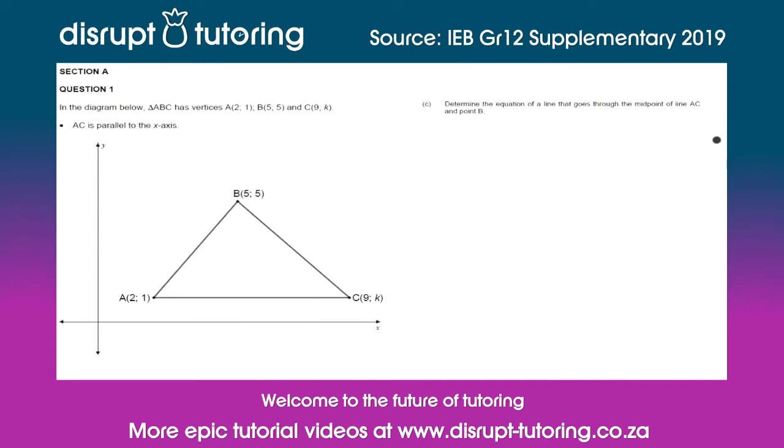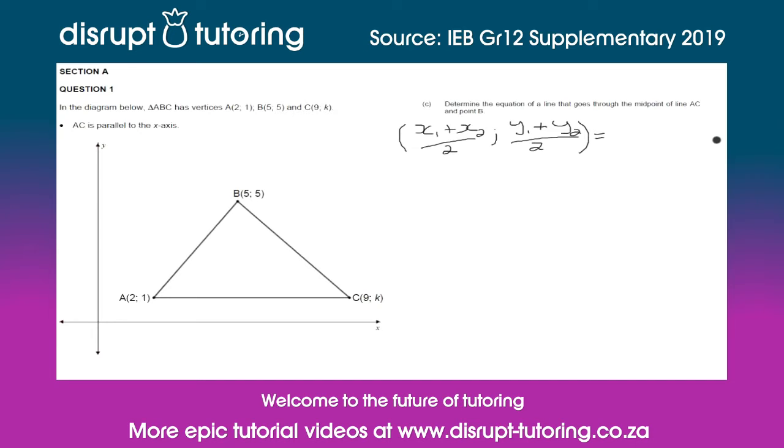Question C asks us to find the equation of the line that goes through the midpoint of AC and point B. To start off, from our formula sheet, we know that the midpoint is x1 plus x2 over 2, and the y portion of it is y1 plus y2 over 2.